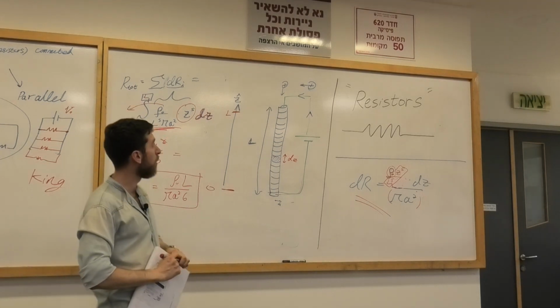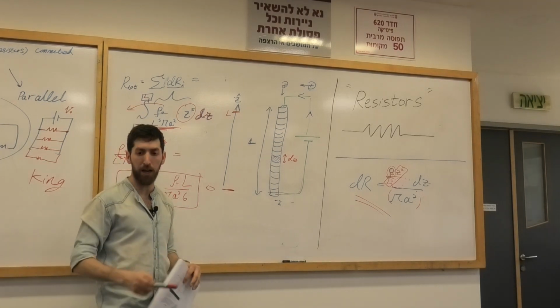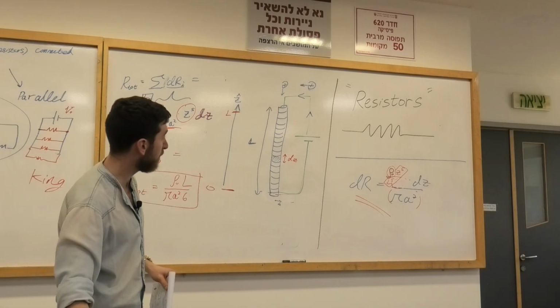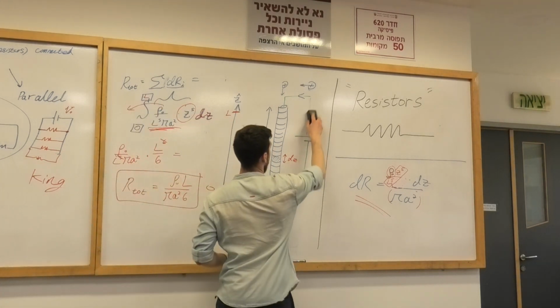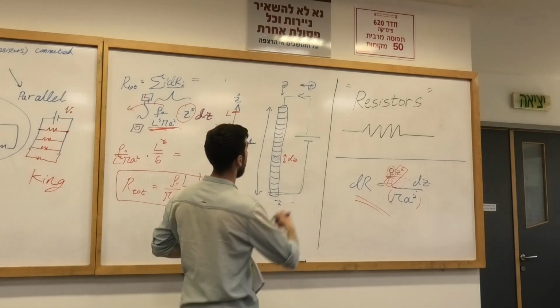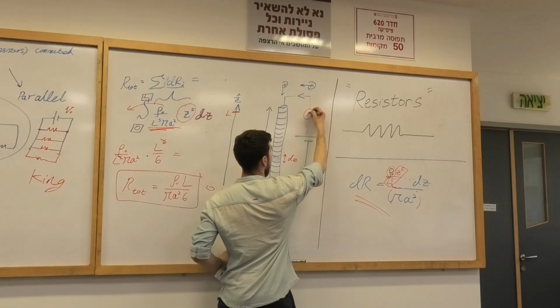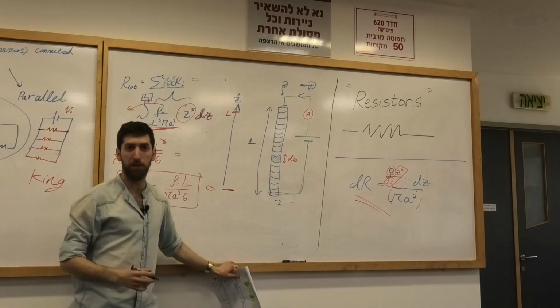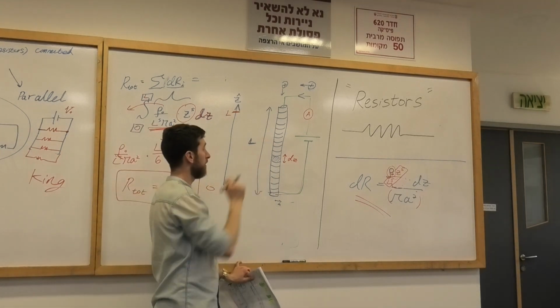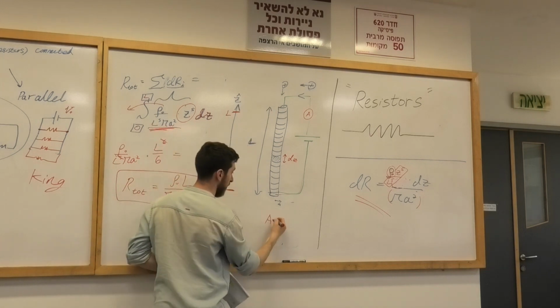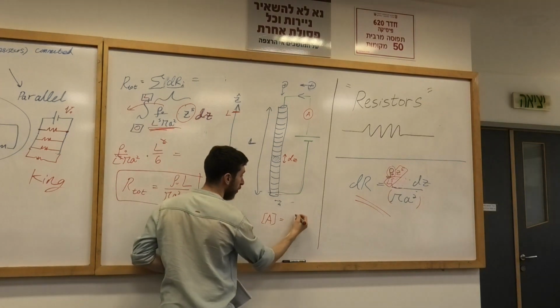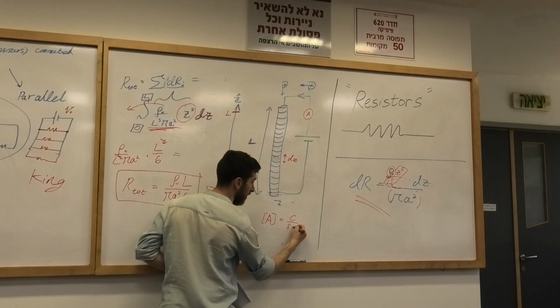How can we measure the current that we have inside? We can put a smart device, which is called an ampere meter. Let's put it here. This is just a device that tells us what the current is. The unit of current is the ampere, and it's short for charge, coulomb per second.